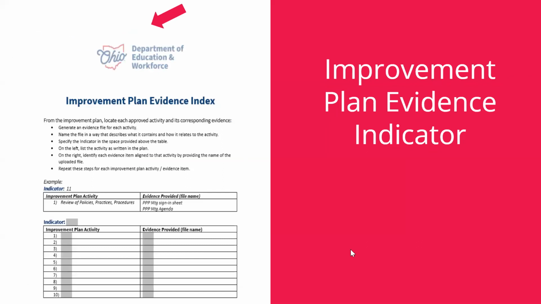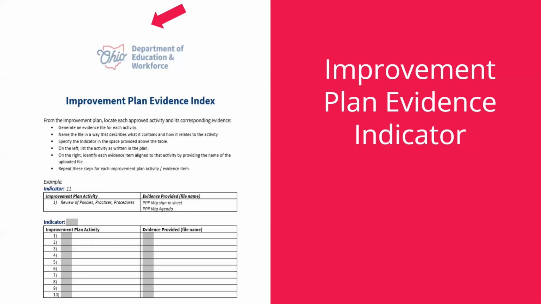Once you have completed the activities that you have outlined in your improvement plan, you will use the improvement plan evidence index. This is an example that you see here of proof of how you have completed the activities that you have listed on your improvement plan.